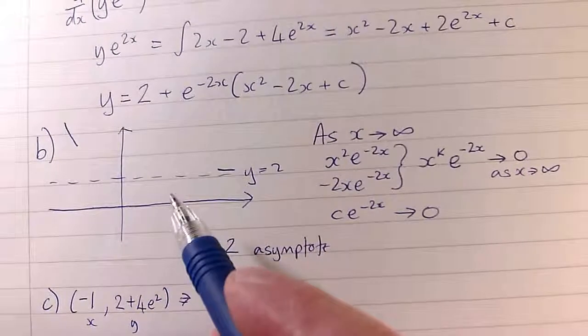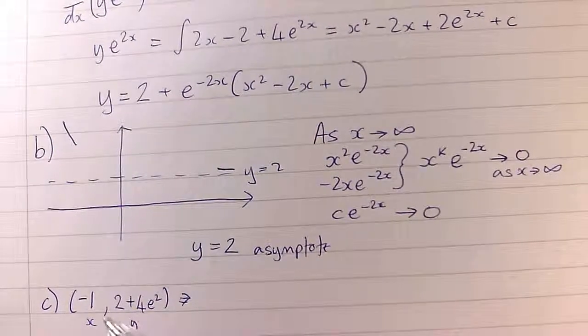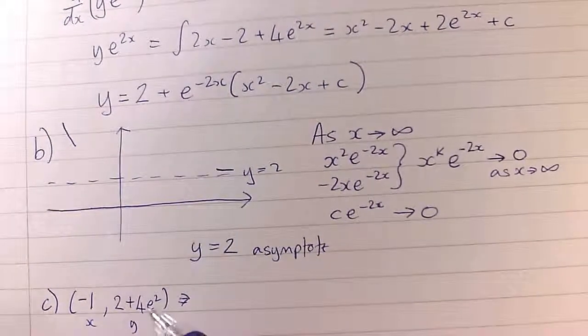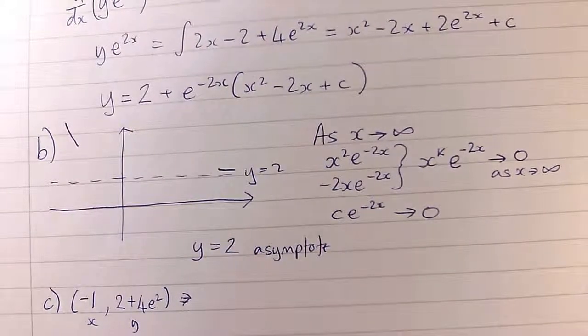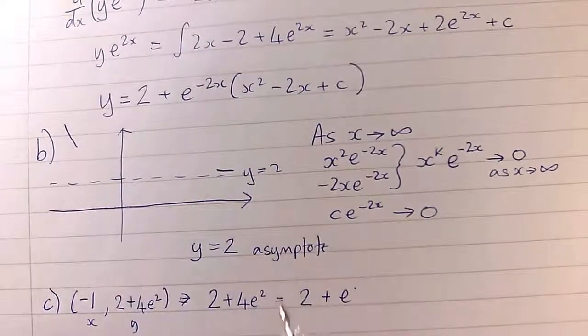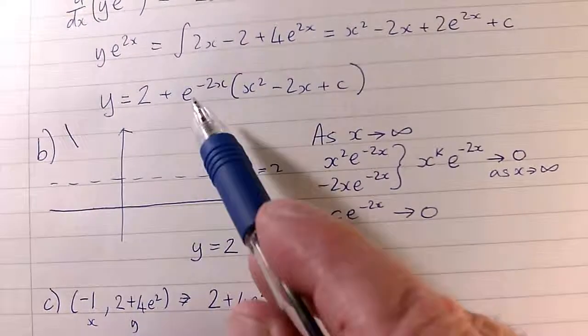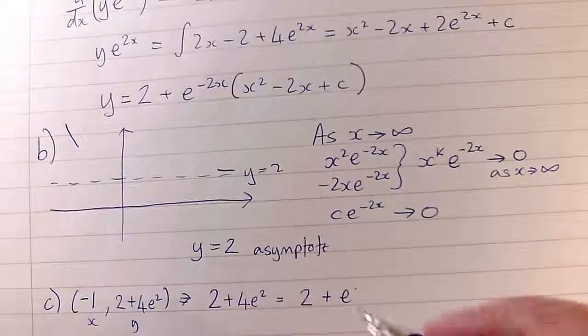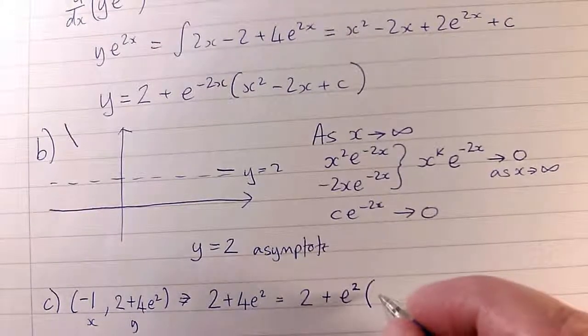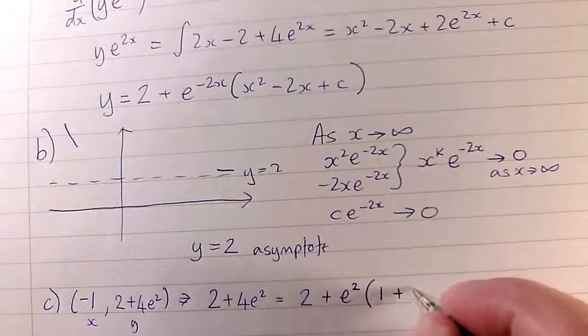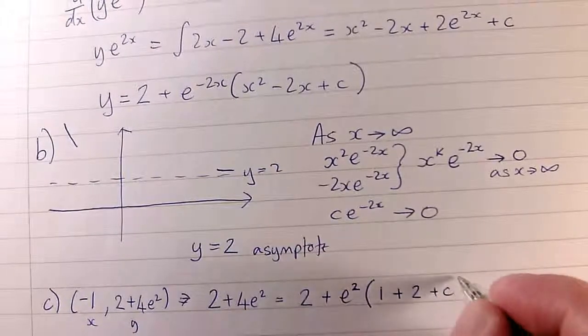So we'll come back to the 3 intersections, and let's just put x equals -1 and y equals 2 plus 4e squared into this equation and see what we can do. So y is 2 plus 4e squared plus e to the power of -2x. x is -1, so this is e squared. -1 squared is 1, plus 2, plus c.